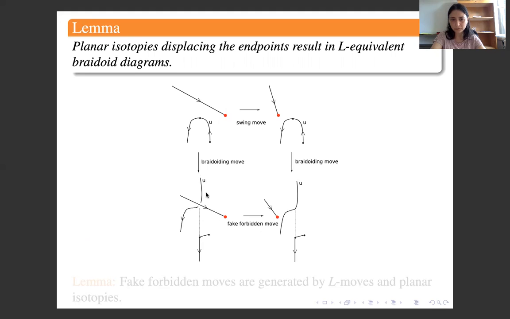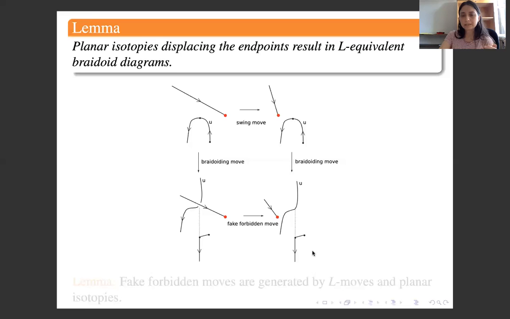Here we connect the corresponding ends with an underpassing strand, and we can see that we have a Reidemeister 2 move available to shrink down the resulting closed strand, isotopic to the closure of these strands here. So we call these fake forbidden moves because they are forbidden moves on braidoid diagrams in general, but they result in isotopy moves on the closure for knotoid diagrams.